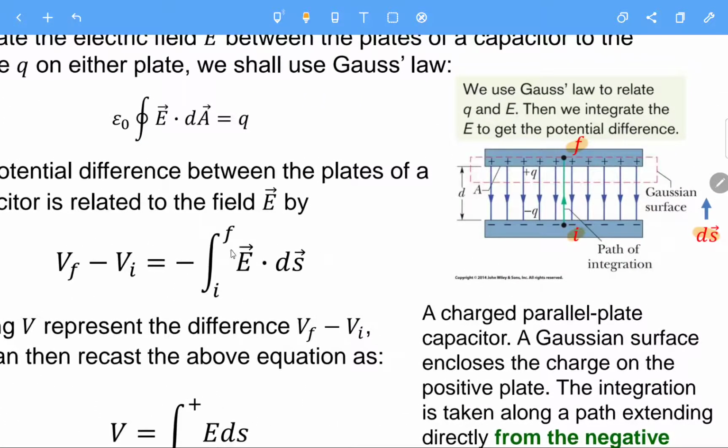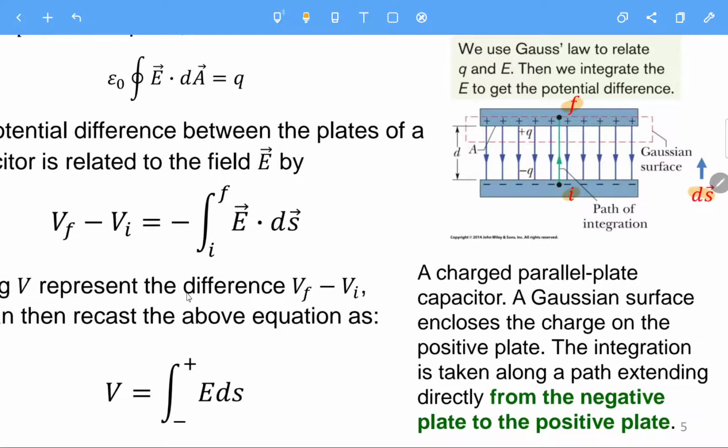In that case, E dot ds will be a negative number, so it will cancel this negative sign. This is the reason why we assume this is the I, this is the F, so that it will cancel the negative sign here.